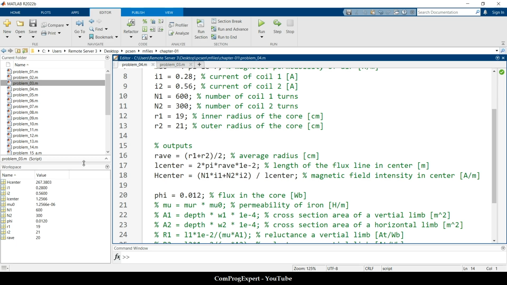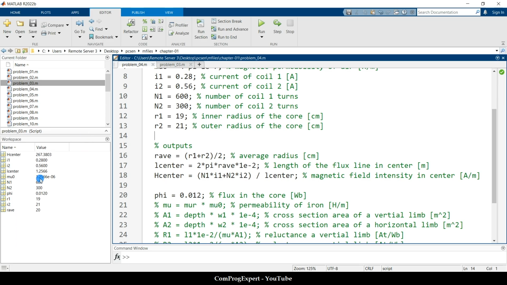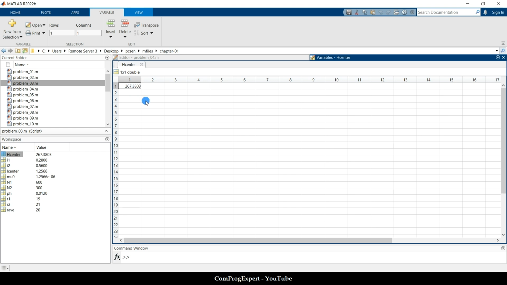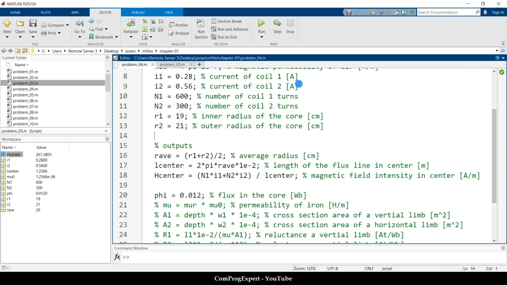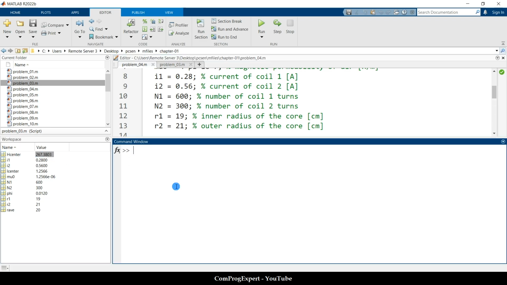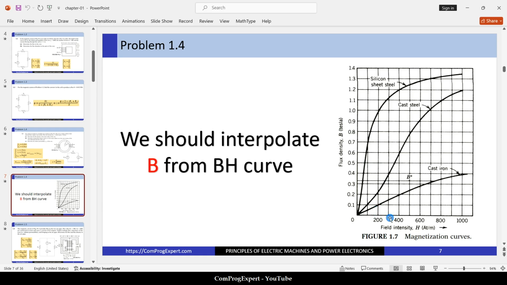If I run the code, as you can see, what is the value of the H? 267. This is the value of the H center. If you look at this graph, for this value of the H, what is the value of the B?